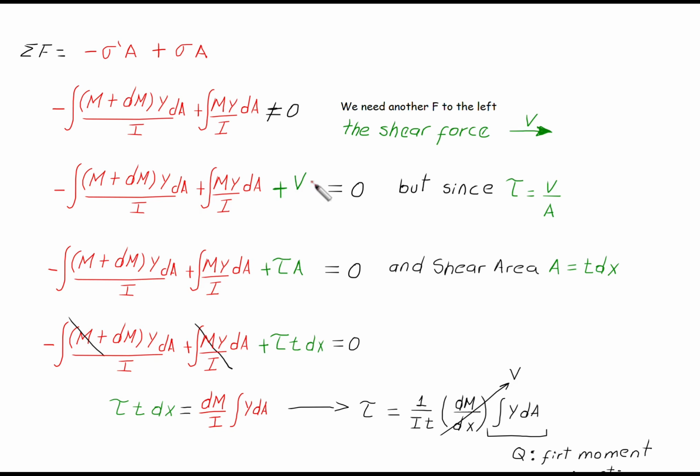And how could we get that shear force? Since there is a shear stress, and shear stress is equal to shear force divided by area, the shear force is equal to shear stress times A, isn't it?